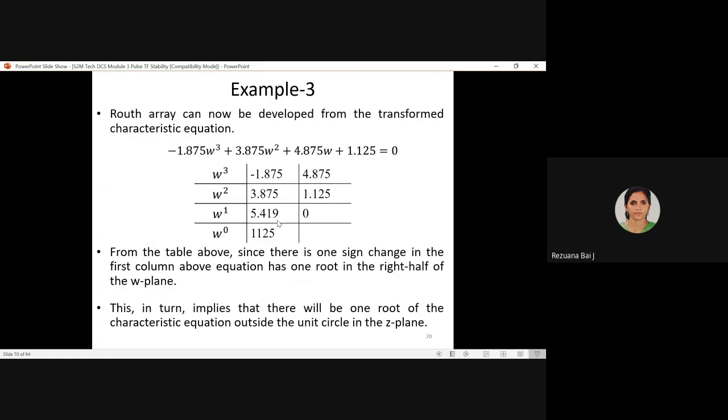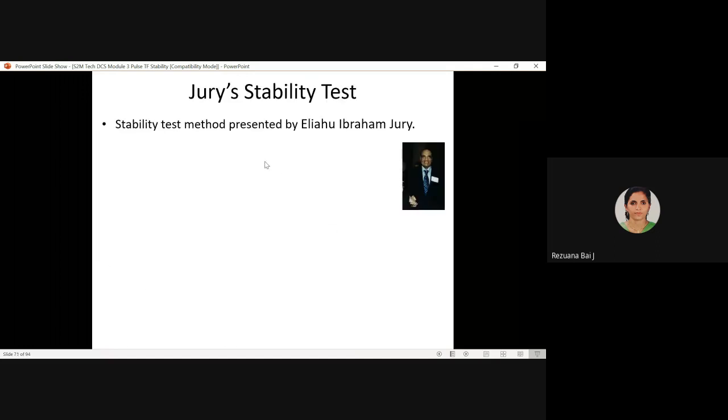This I have already done, I think it is there in your app. Jury stability we will start in the next class. Before that, I may put some practice problems from Routh Hurwitz, so please try to do that.